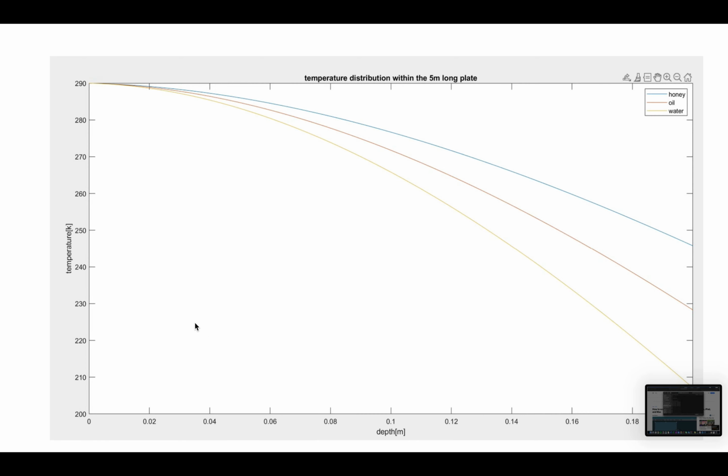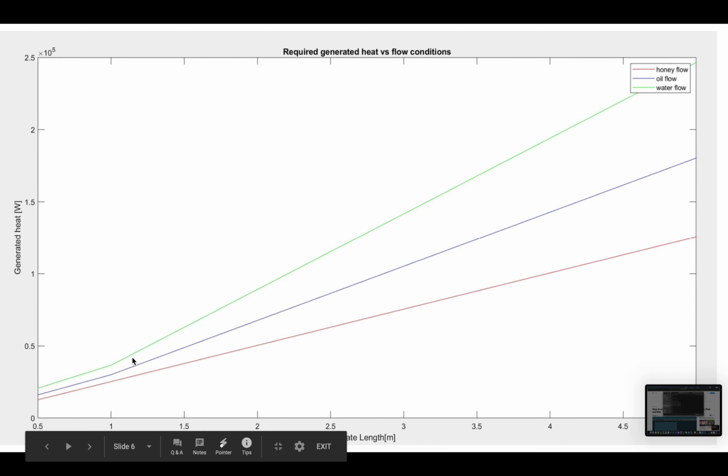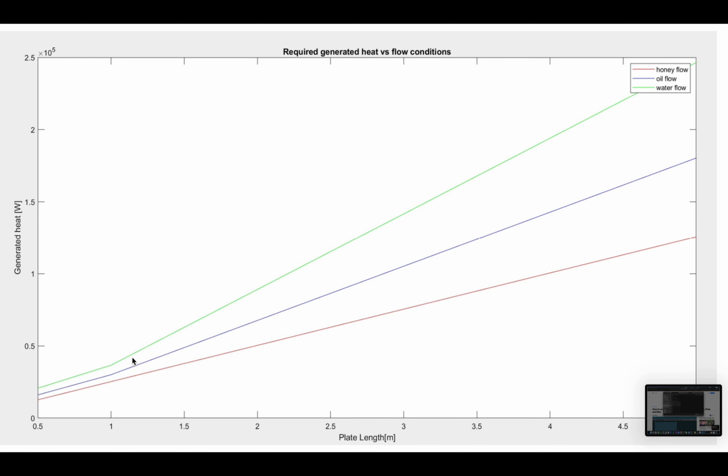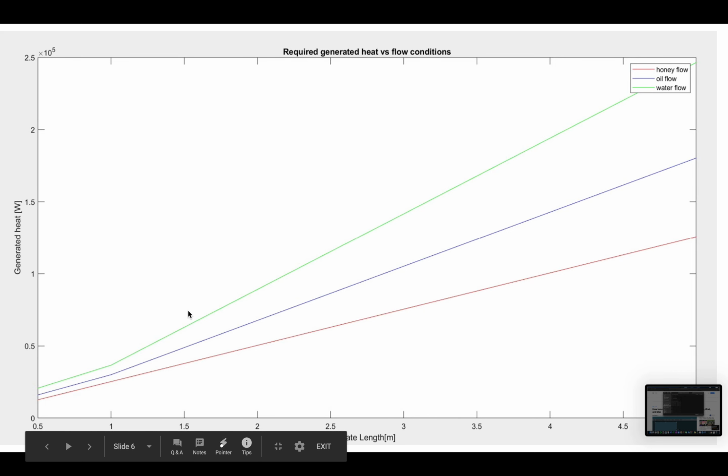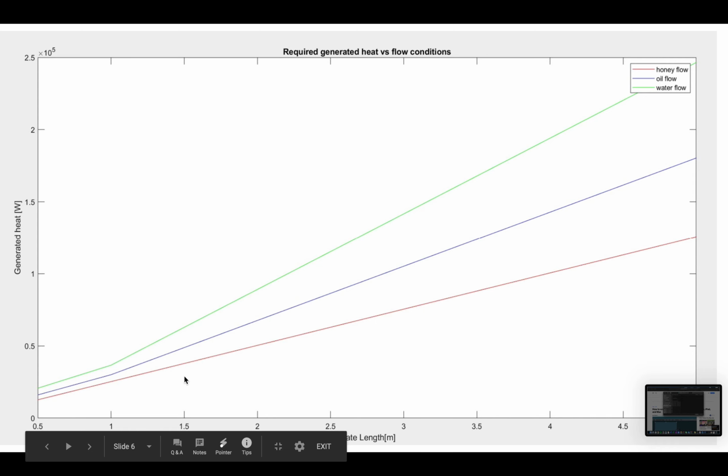So I have developed a MATLAB model, a visualized model of the required generated heat versus flow conditions. As you can see, the green line on top is the water flow with the highest required heat, and on the bottom is the honey flow with the lowest required heat.